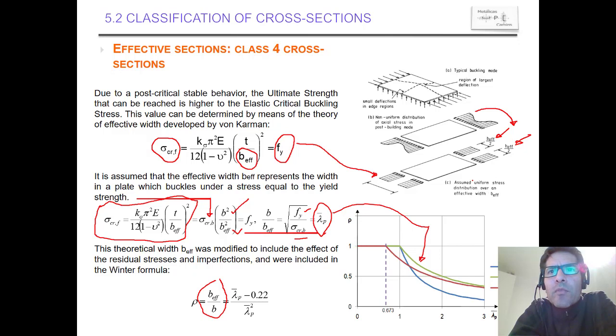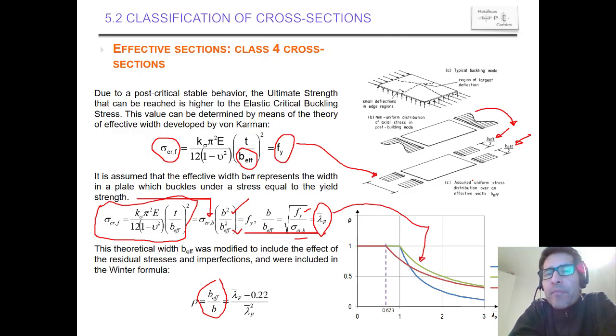So this is a mathematical derivation, a mathematical way of understanding the problem. This lambda p depends on the elastic critical buckling stress and the yield stress of the material.